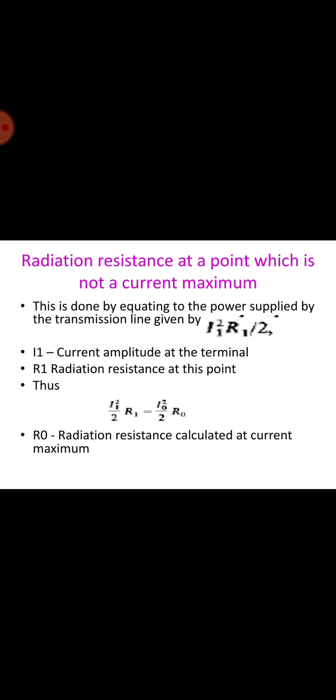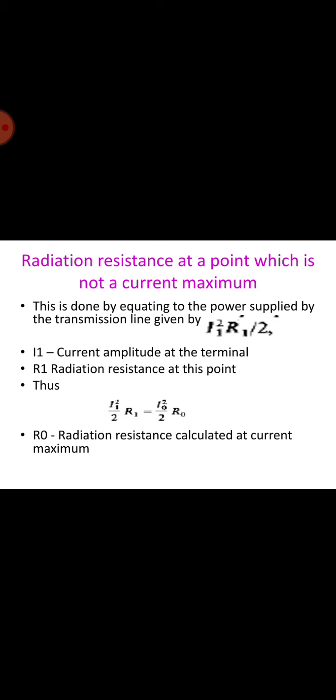Therefore from this equation we get R1 is equal to (I naught by I1) the whole squared into R naught, where R naught is the radiation resistance calculated at the current maximum. So this R1 gives the radiation resistance appearing at the terminals.